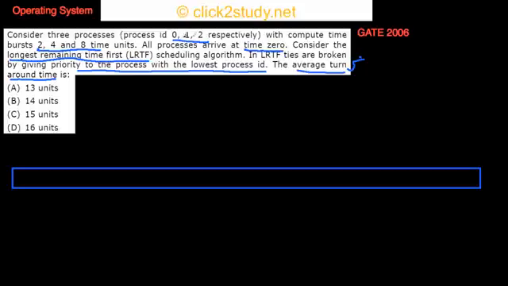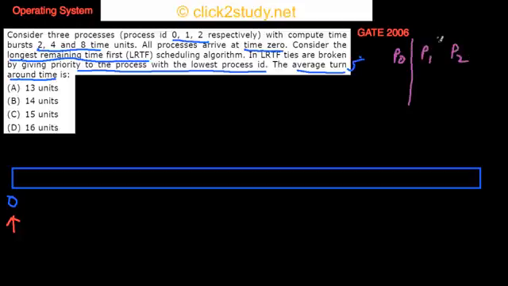So, all these processes arrive at time 0. If this is 0, then all of them arrive at this time 0. For these processes, I'm writing them P0, P1 and P2, since their IDs are 0, 1 and 2.